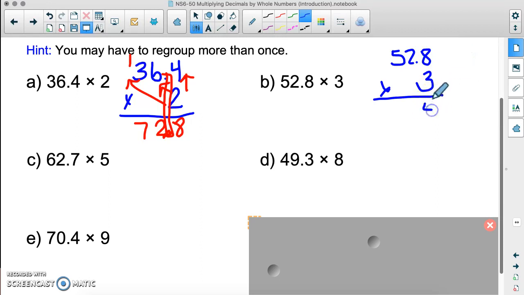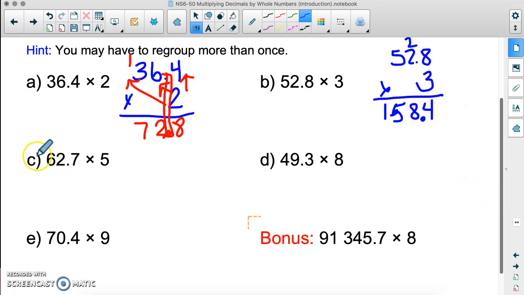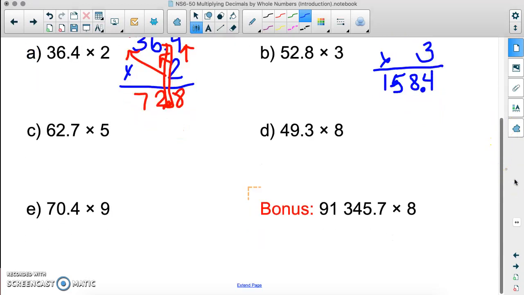So 24, I'm going to put the 4, I'm going to carry the 2. 3 times 2 is 6, plus 2, 8. 3 times 5 is 15. I'm going to look at where the decimal point was in the question. It was in the 10th place, and I'm going to put it right back in the exact same spot, so 158.4. I want you to try C, D, E, and the bonus, and then you can resume your screencast when you are finished.